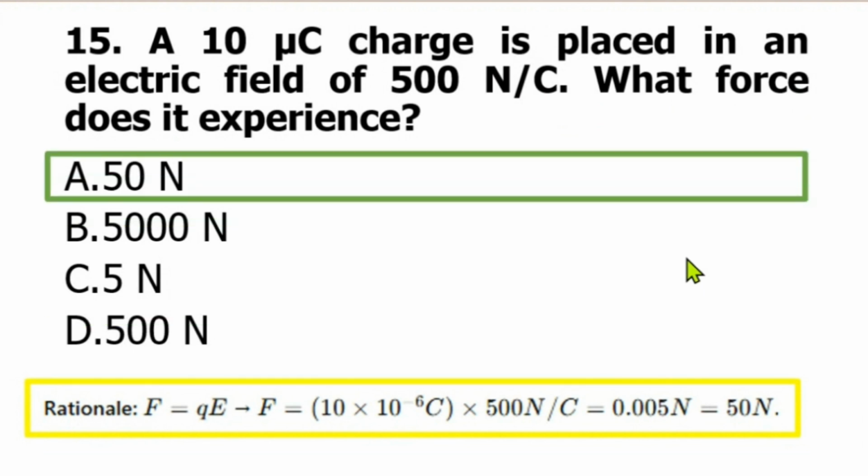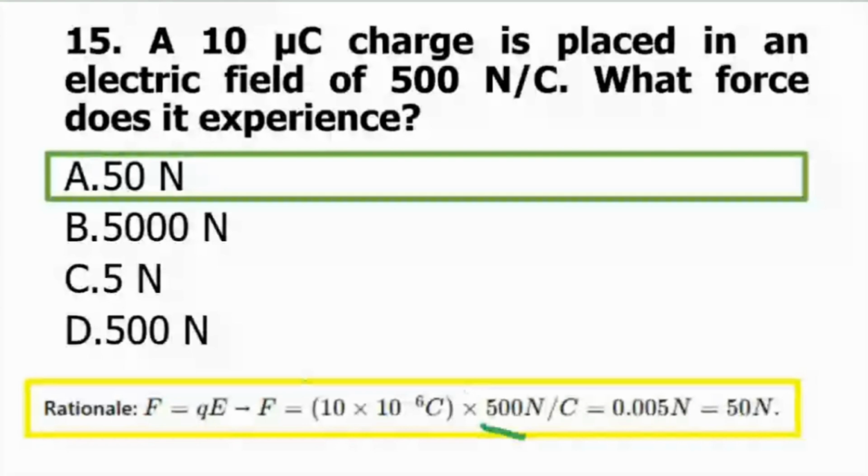So how did you solve this one? The first thing you need to consider in solving number 15 is that the electric force will be equivalent to the charge times the electric field. So you just need to express the 10 microcoulomb as 10 raised to negative 6, then multiply that by the electric field.